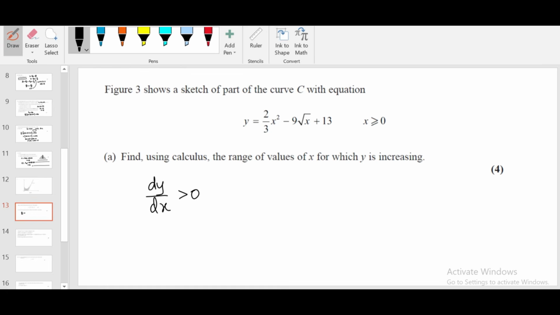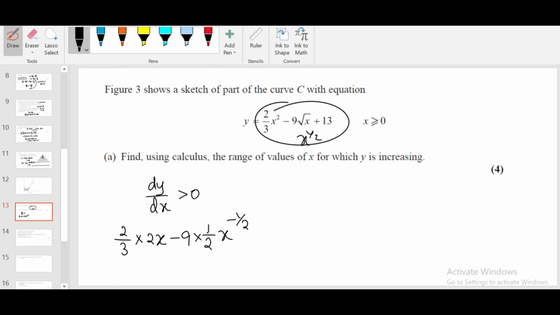If it's decreasing, dy/dx is less than 0. So differentiate it. It becomes 2 over 3 times x² becomes 2x, minus 9. This is x to the power half. When you differentiate, half x to the power half minus 1. Half minus 1 is minus half. 13 becomes 0, and this is greater than 0.